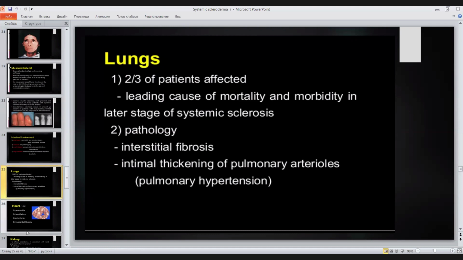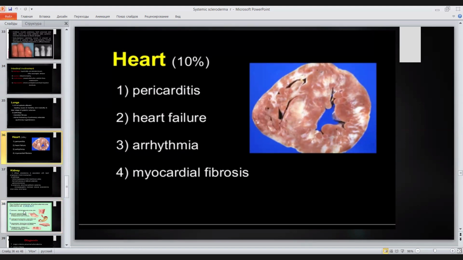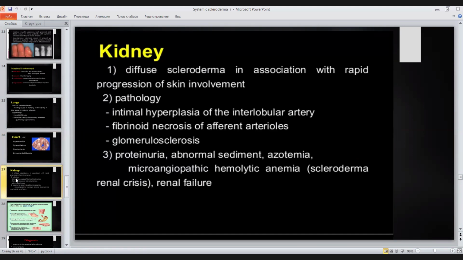Okay, heart, there might be fibrosis of the heart. If there is fibrosis of the heart, there will be heart failure signs. And the kidney is also affected because fibrosis will be here. Why?